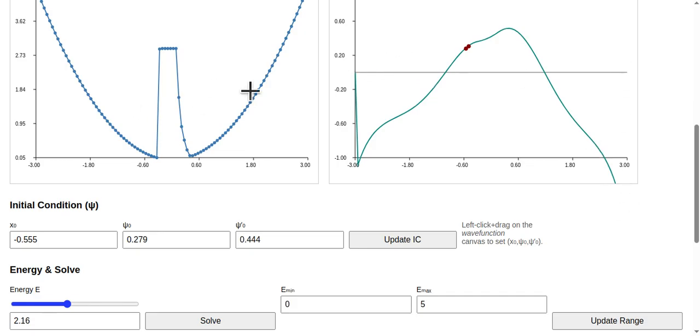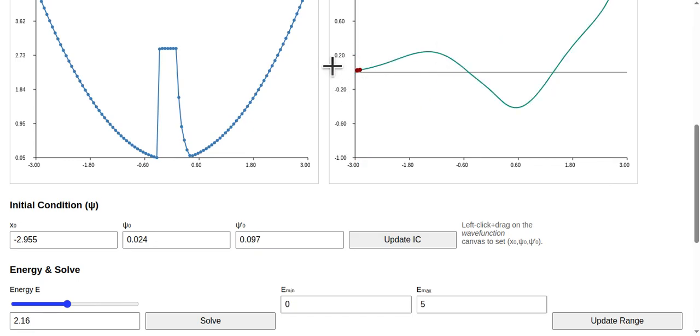We can fix that by first specifying an initial condition at the left end by providing a very small value, so that the boundary condition is satisfied at the left end of the plot. It vanishes at the left end.